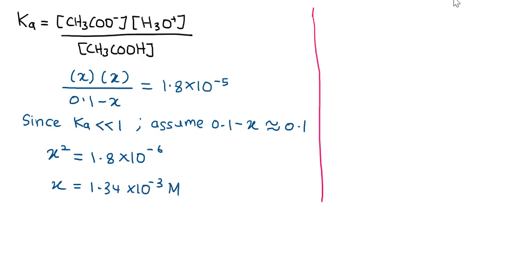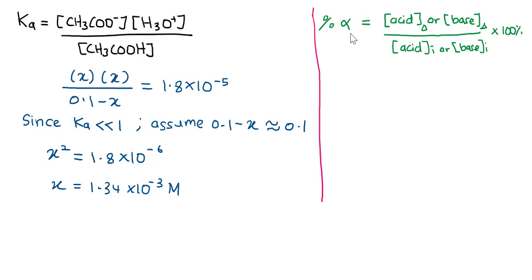If we use the assumption, we need to justify it by using the value of percentage dissociation. To find the percentage degree of dissociation, we use this formula: the concentration of acid or base that is dissociated divided by the initial concentration of that acid or base, times 100%.